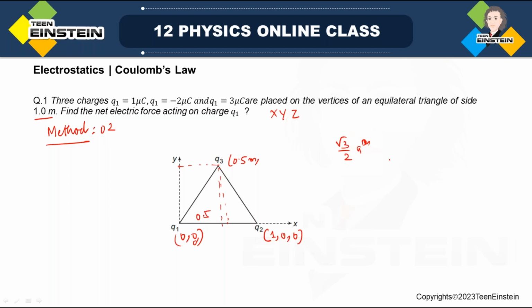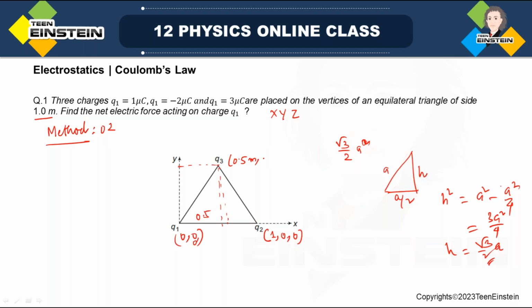We can find it from the right angle triangle: the sides are a, a by 2, and the height. So the height squared is a squared minus a squared by 4, which is 3a squared by 4. So it is root 3 by 2 a.